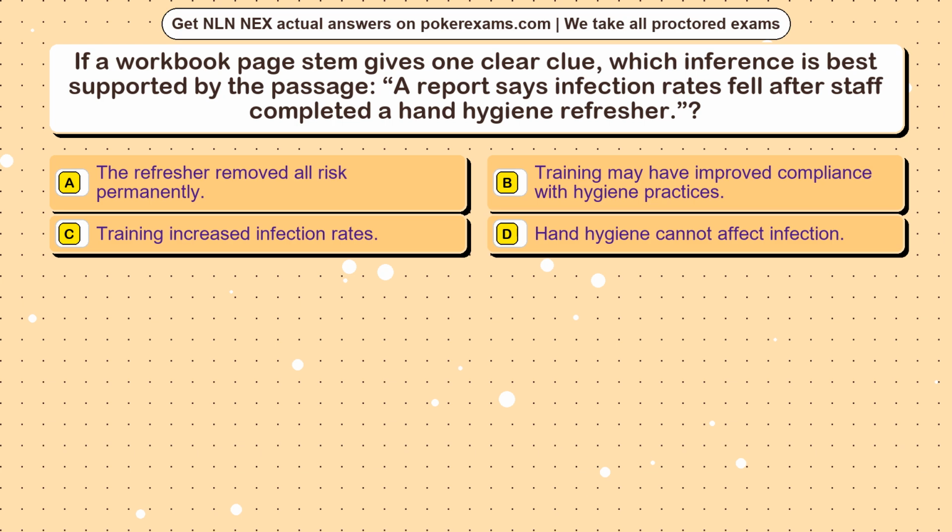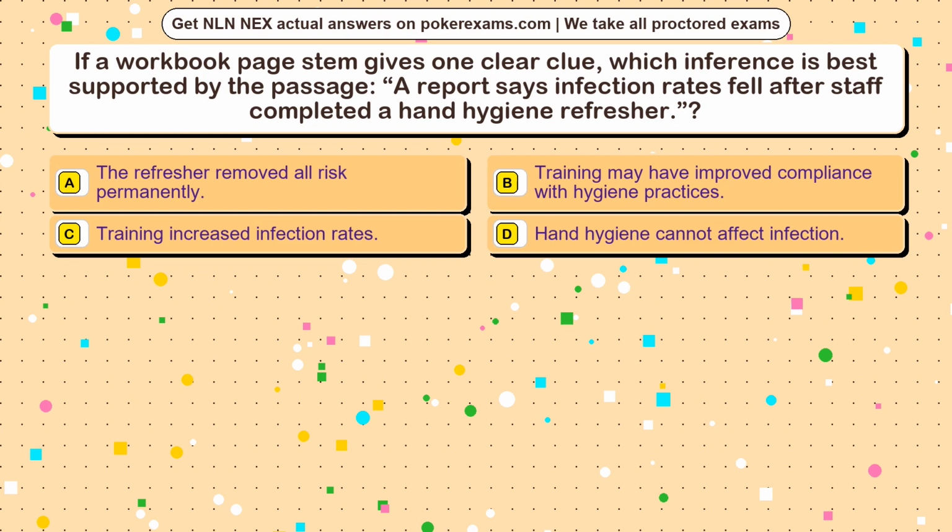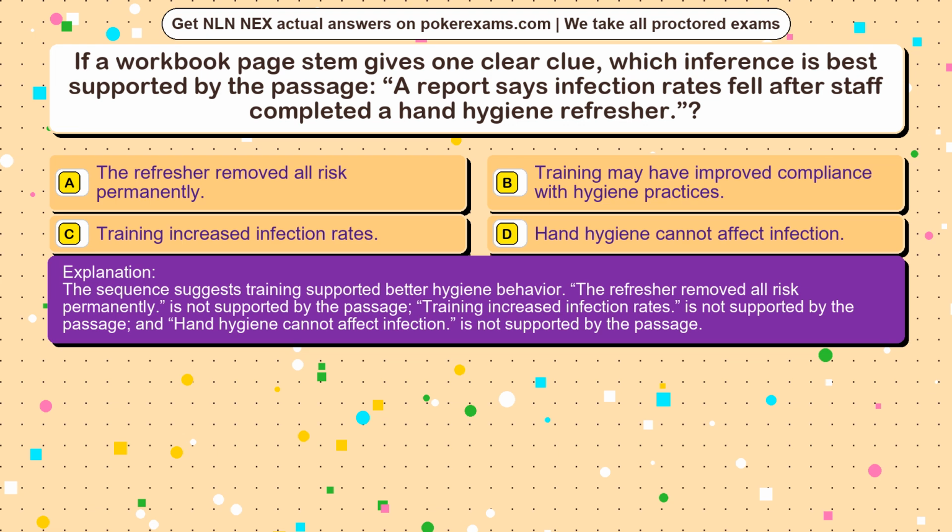Option D. Hand hygiene cannot affect infection. The correct answer is option B. The sequence suggests training supported better hygiene behavior. The refresher removed all risk permanently is not supported by the passage. Training increased infection rates is not supported by the passage, and hand hygiene cannot affect infection is not supported by the passage.